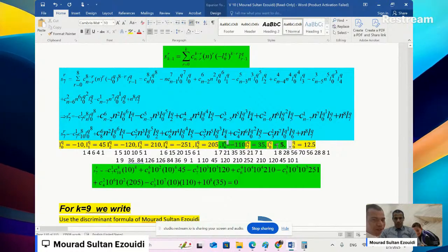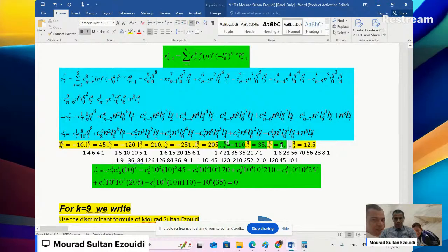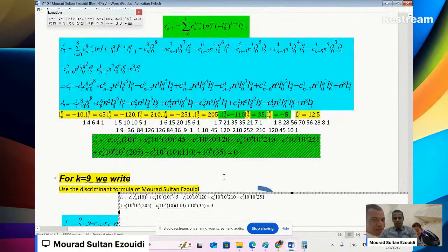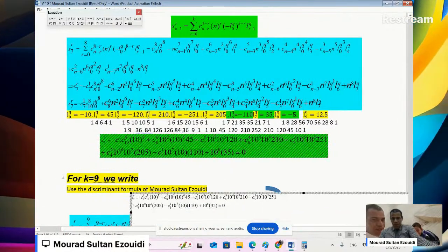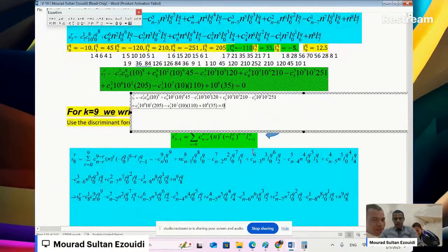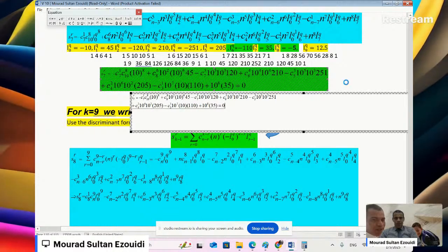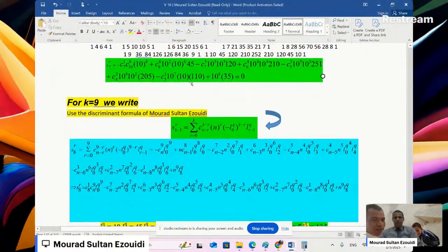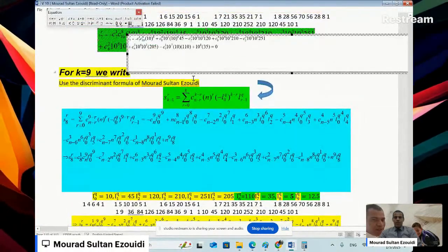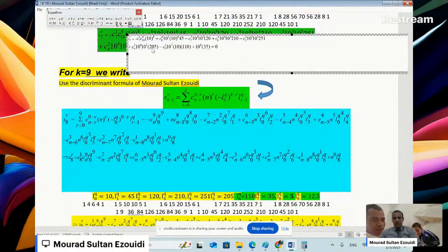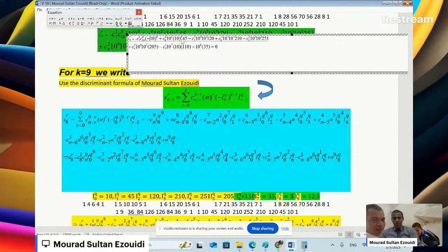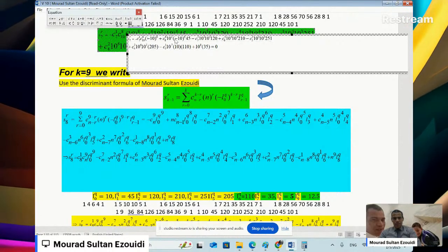This is negative 5. I changed it in between. I will change this here as I did here. So I will try to appear more clear. Okay, minus. This is of course minus.